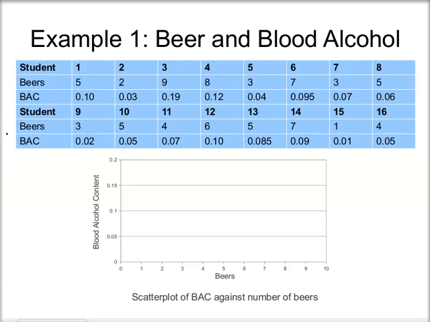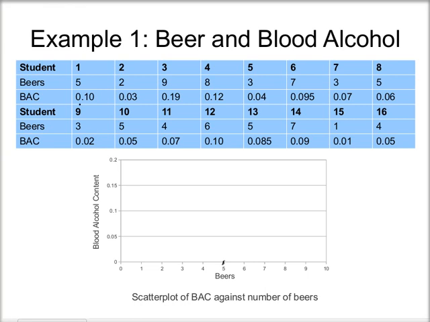So now let's create a scatter plot for this chart. For each student, I'm going to put a point on my chart. I've got for my horizontal axis what I think is the explanatory variable, the number of beers that the student has drank. And for my vertical axis, I've got the response variable, or their blood alcohol content. The first student drank 5 beers, so I'll find 5 over here on my horizontal axis.